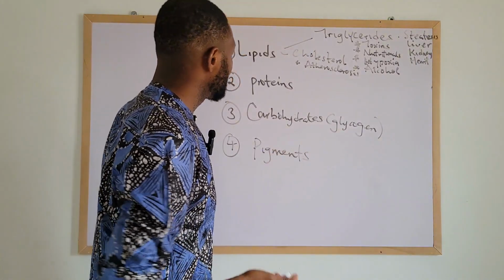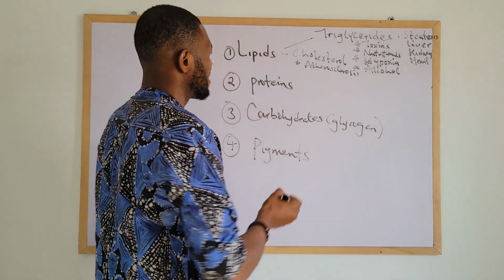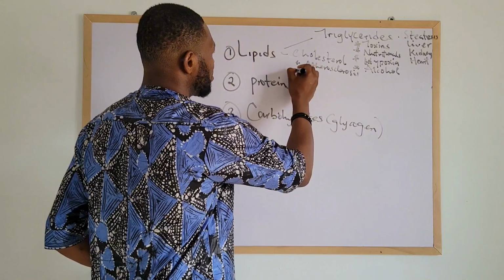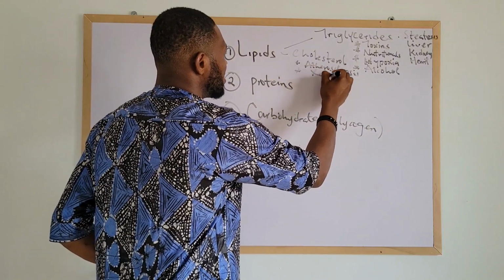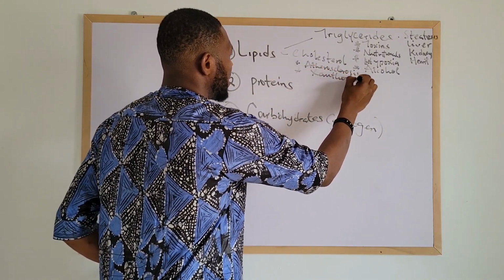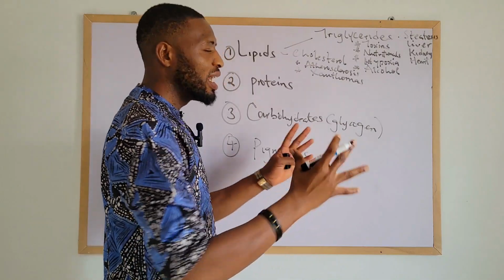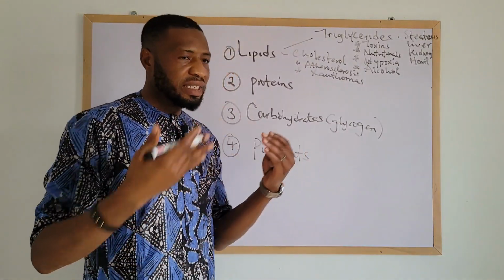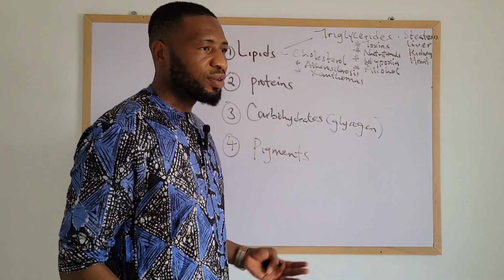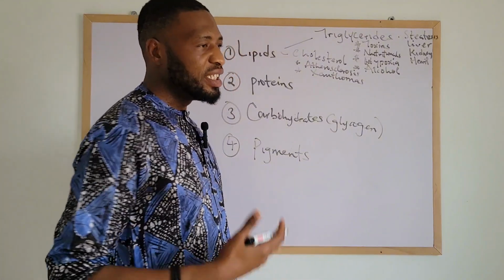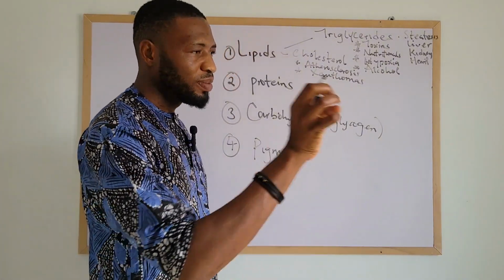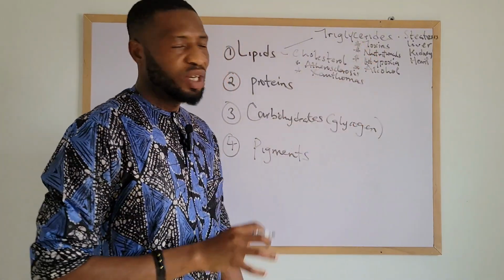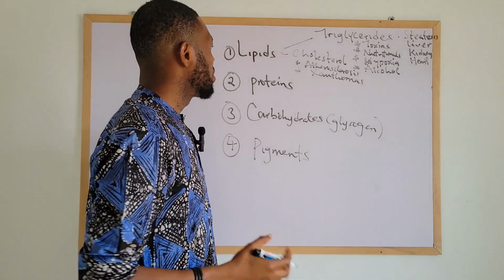So we see cholesterol accumulating in atherosclerosis. Cholesterol can also accumulate in xanthomas, where cholesterol is phagocytosed by macrophages and deposited in the subcutaneous tissue, and sometimes you will see them like masses within the subcutaneous tissue.